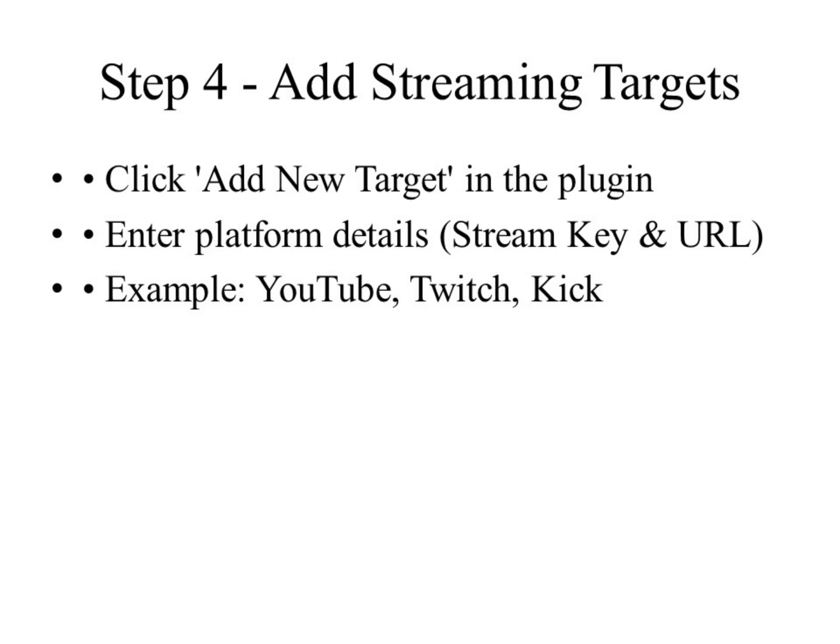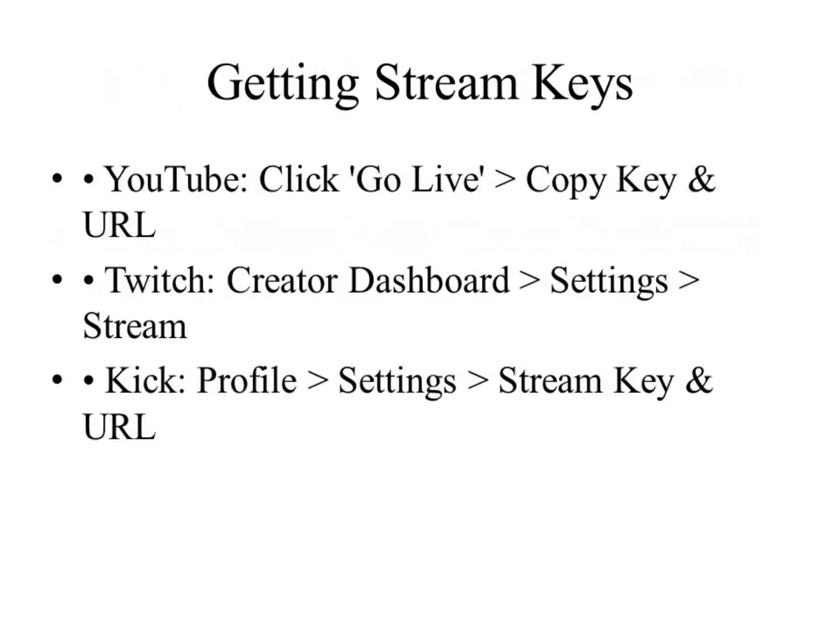And then you can head over to either the Kick, YouTube, or Twitch homepage, click your profile picture, and then open settings. And then you can find the stream key and URL under settings and copy the Kick, YouTube, or Twitch URL and paste it into OBS. And then you can copy your stream key for Kick, YouTube, or Twitch and enter it in OBS. And then you can click OK, and now your streaming is ready.